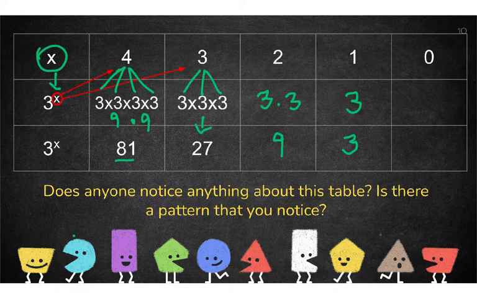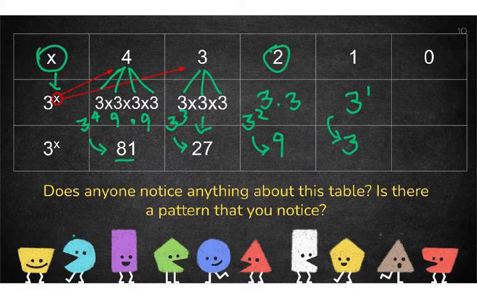3 to the power of 1, 3 to the power of 2, right? 3 to the power of 4, which is equal to 81. 3 to the power of 3, which is equal to 27. 3 to the power of 2, which is 9. 3 to the power of 1, which is 3.